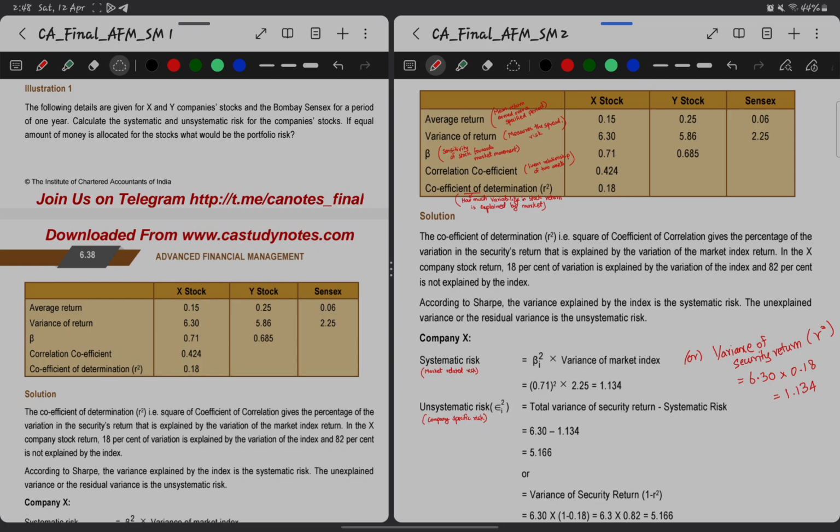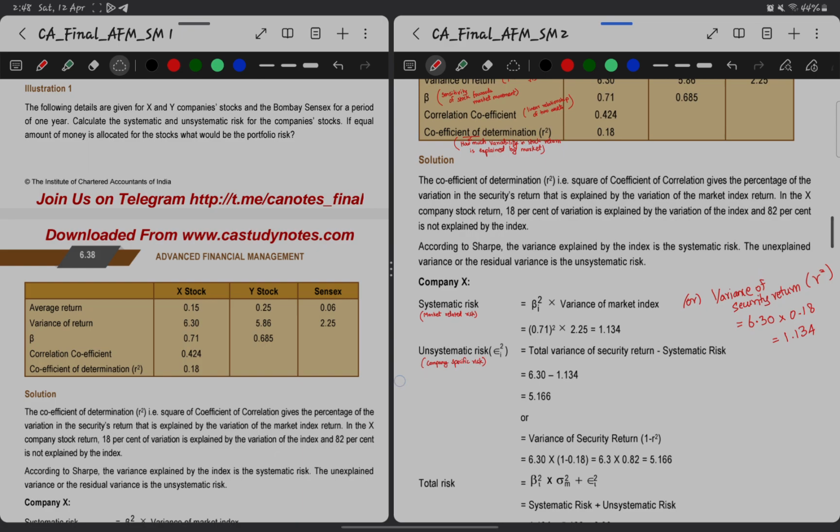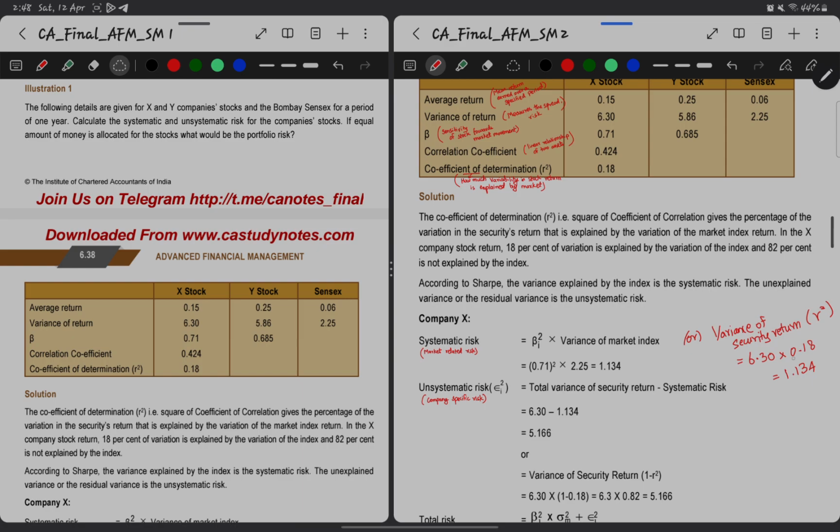So systematic risk can be calculated by multiplying the variance of security return by the coefficient of determination, which will be 6.3 multiplied by 0.18 in our case, which will give us 1.134. ICAI has given another formula wherein they have taken beta square multiplied by variance of the market index, which is 2.25.